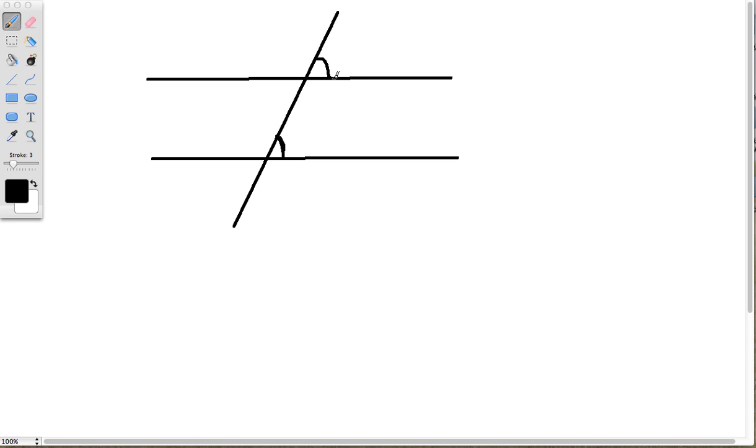So we learned that, right? So these two angles are equal because they're both on the outside and on the top. Now if there's an angle here, then it will be the same as this angle. See how they're opposite from each other? So this angle will be the same as this angle.